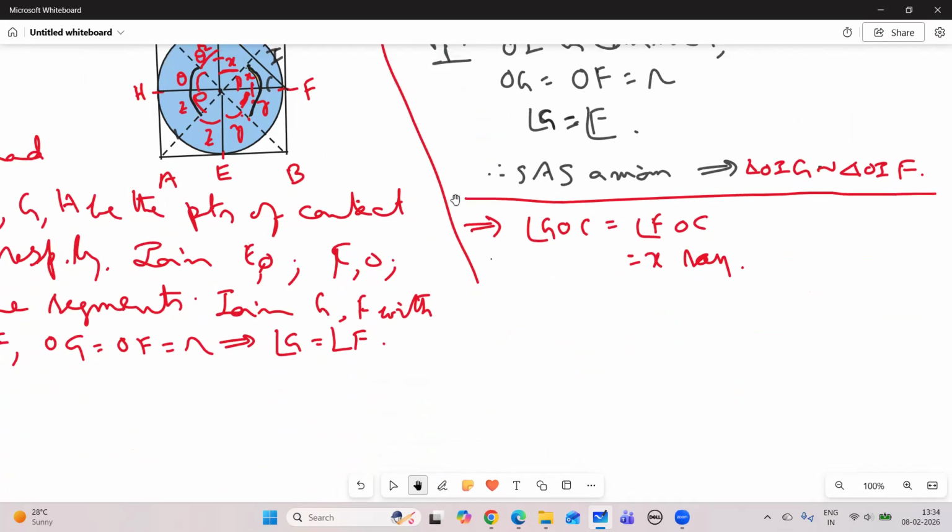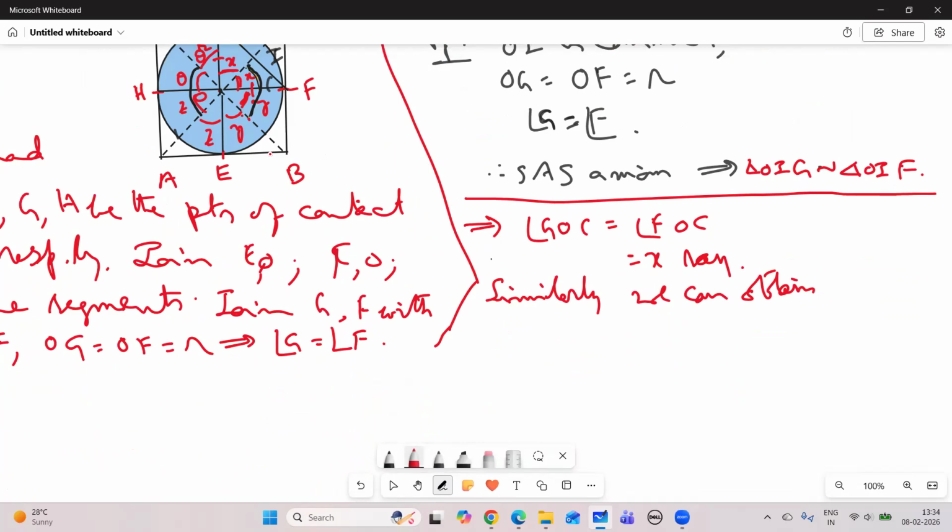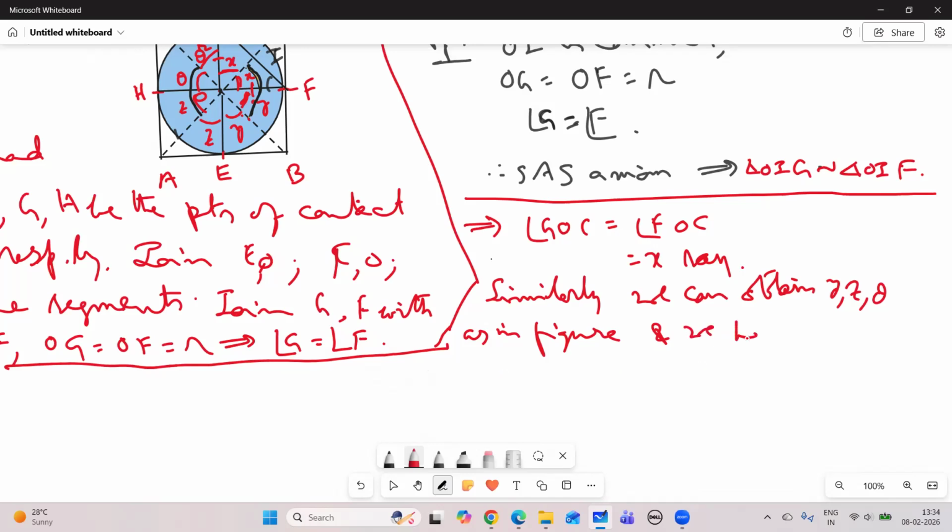Similarly, we can obtain y, z, theta as in the figure, and we have, let us add all these angles.